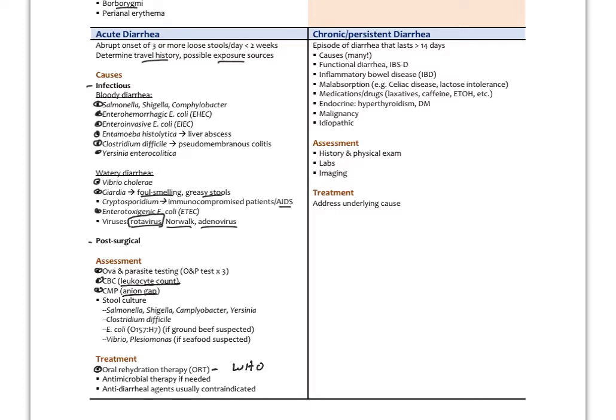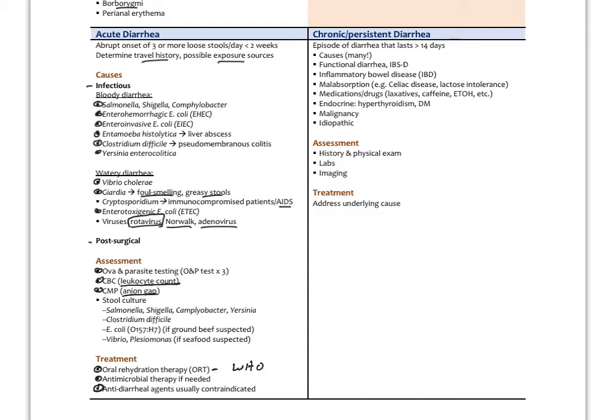In fact, most of these, like the bacterial ones, we don't want to give antibiotics in the early phases because you actually want your immune system to take care of it. Antimicrobial therapy then is only going to be as needed. Usually antidiarrheal agents are contraindicated.